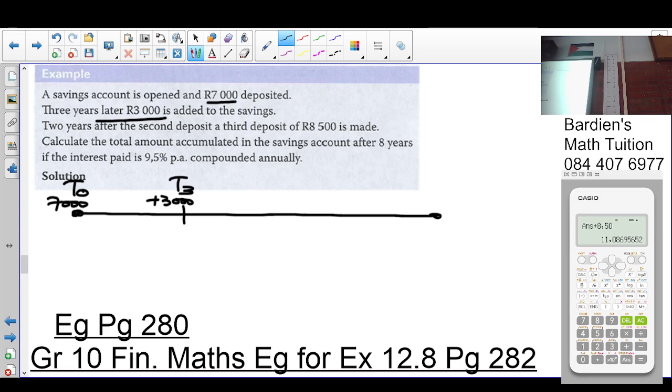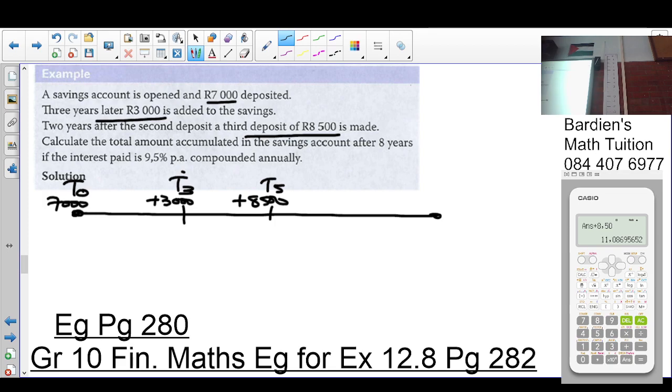So a deposit we indicate with a plus and a withdrawal we indicate with a minus. 2 years after the second deposit, a third deposit of 8,500 Rand is made. 2 years later takes you to T5, plus 8,500 Rand.